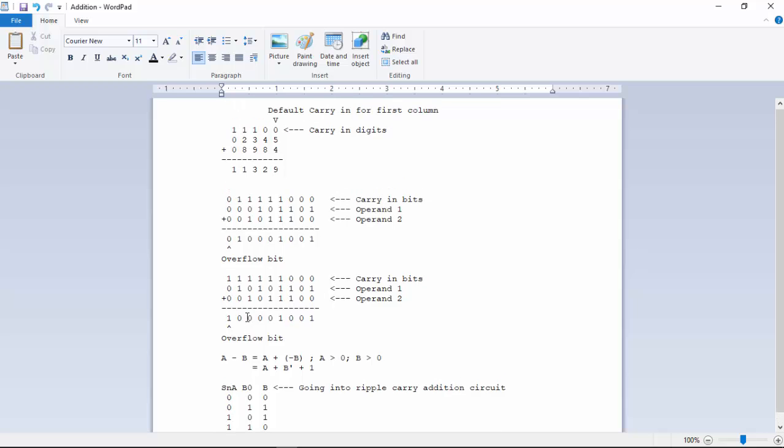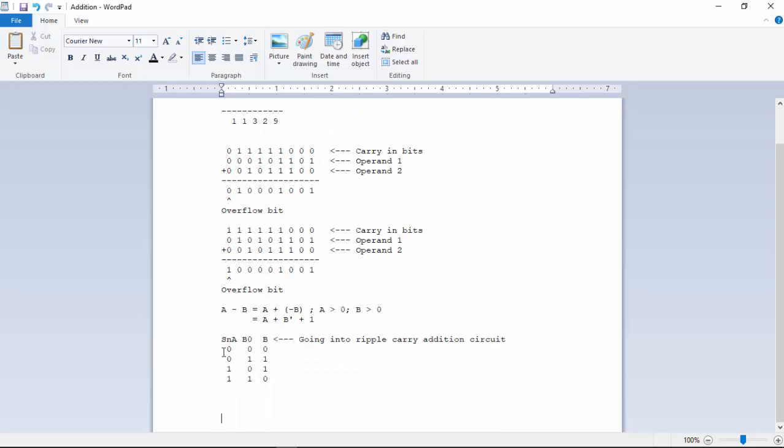Now look at this truth table. Isn't it an XOR? B is nothing but S XOR B0. Okay, I cannot draw the circuit symbol here, but this is the XOR between B0 and SNA.